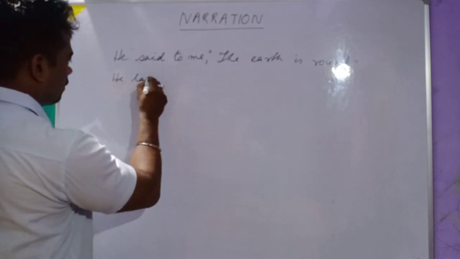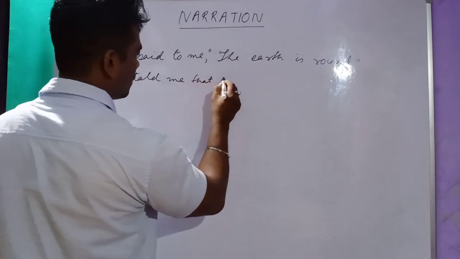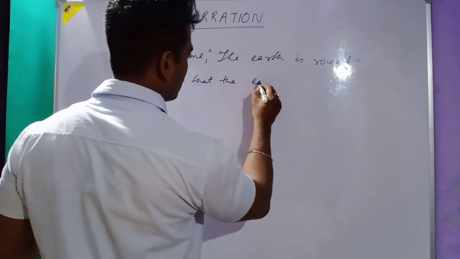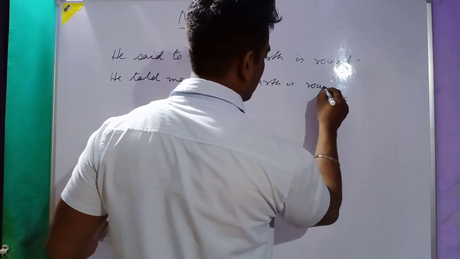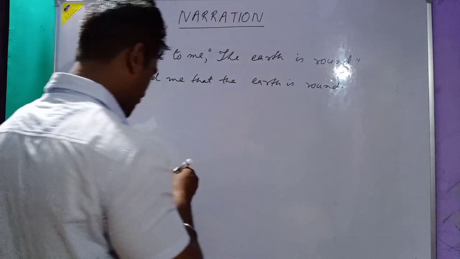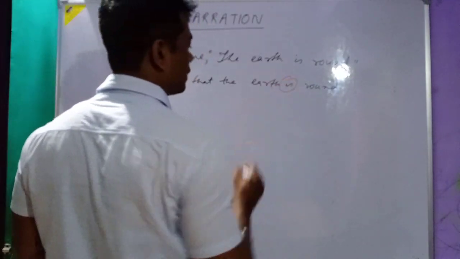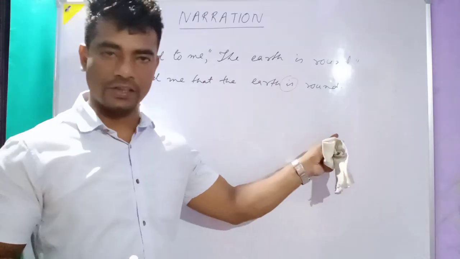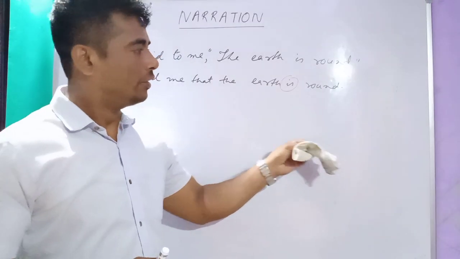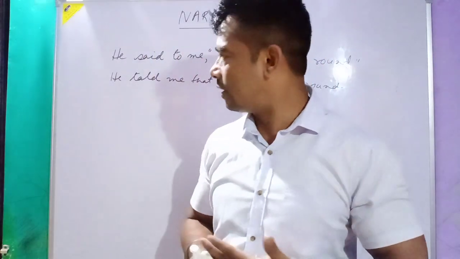He told me that the earth is round. Here I have not changed the tense. Why? It is because it is a universal truth. So I think I should stop now.